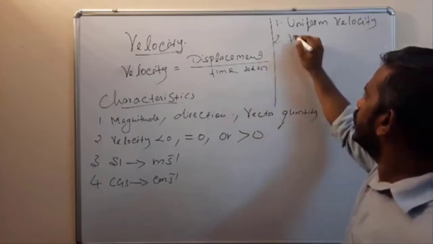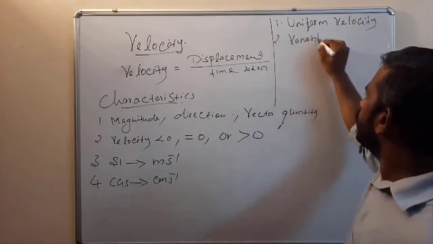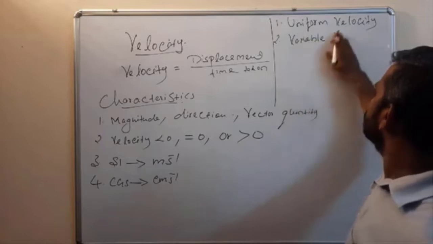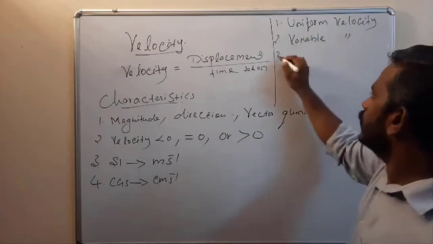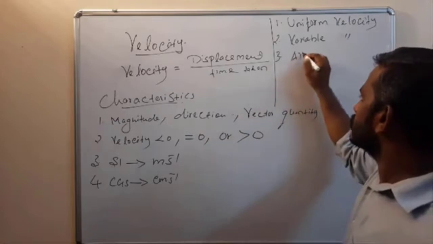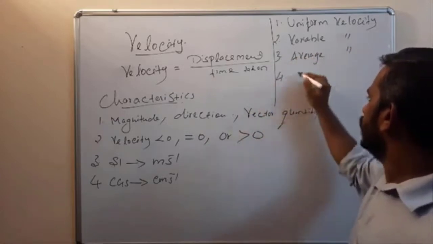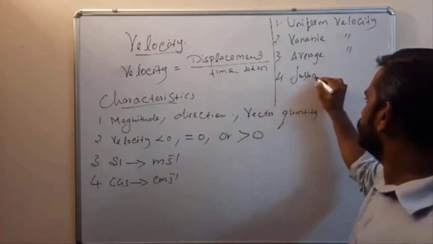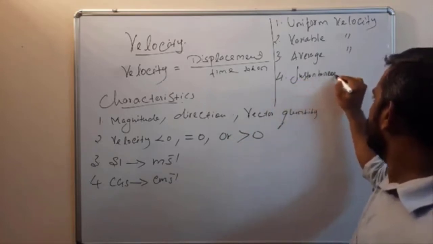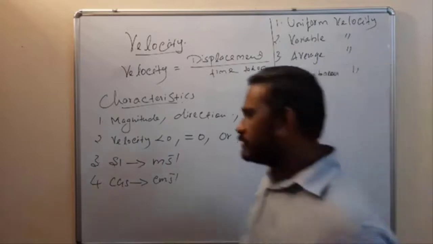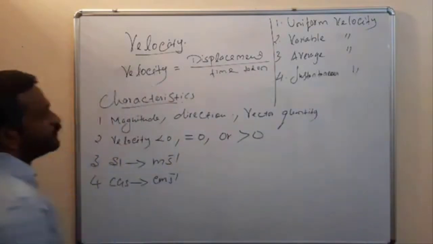Two, variable velocity. Third, average velocity. Fourth, instantaneous velocity. These are the four types of velocity.